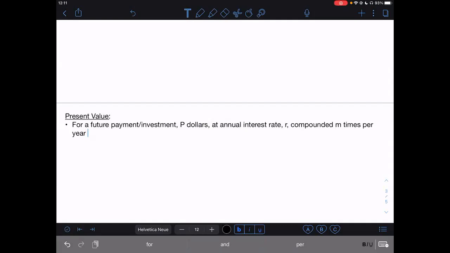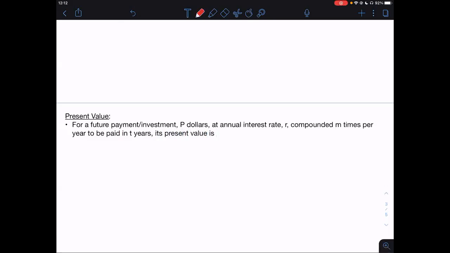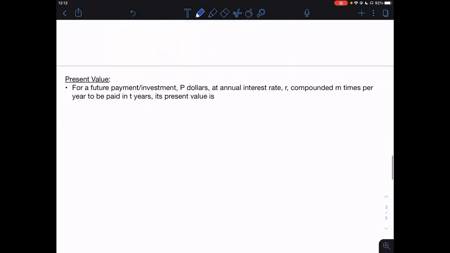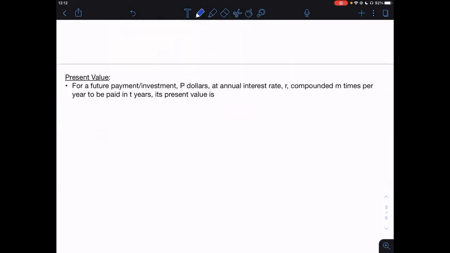All right, so for some future payment or investment that's going to be paid in T years, its present value can be calculated by using the following equation, which is kind of similar to the compound interest formula, except in this case, kind of doing the opposite.